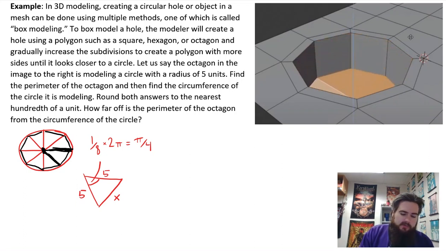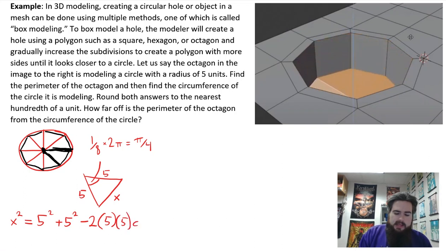If I do want to solve for x using law of cosines, that will look like x squared is equal to the other two side lengths squared and added, minus 2 times those two side lengths multiplied, as well as multiplied by the cosine of the angle measure across from my side length of x, which is pi over 4.